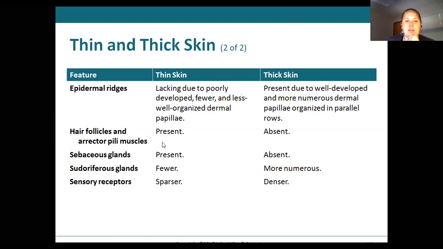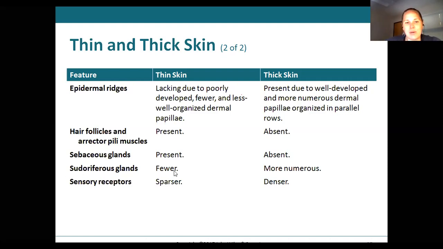Hair follicles and erector pili: again, the idea of the presence of hair and the ability for your hair to raise up on the back of your neck or on your arms. In thin skin that is present, in thick skin that is absent. You do not have hair present on the palms of your hands that gets activated if you're cold. Sebaceous glands are present in thin skin, absent in thick.